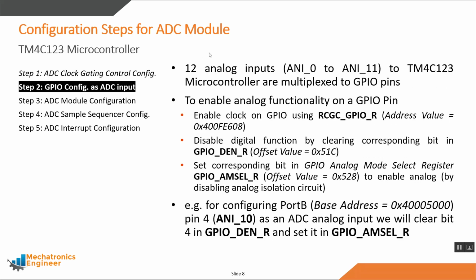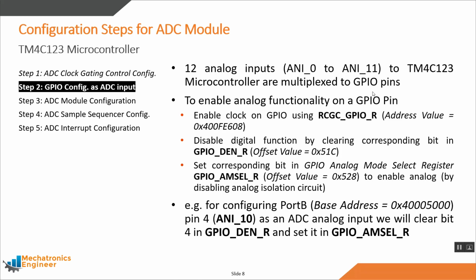As we discussed earlier, there are 12 analog inputs from AIN0 to AIN11 on the TM4C123 microcontroller. But these 12 analog inputs are multiplexed to different GPIO pins, as we saw in a table.